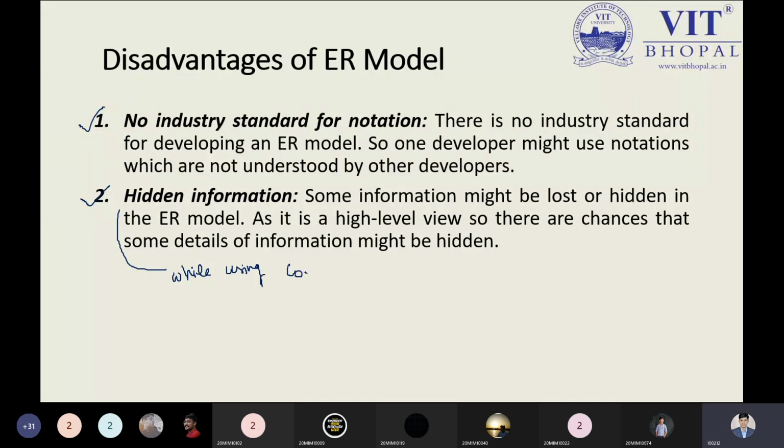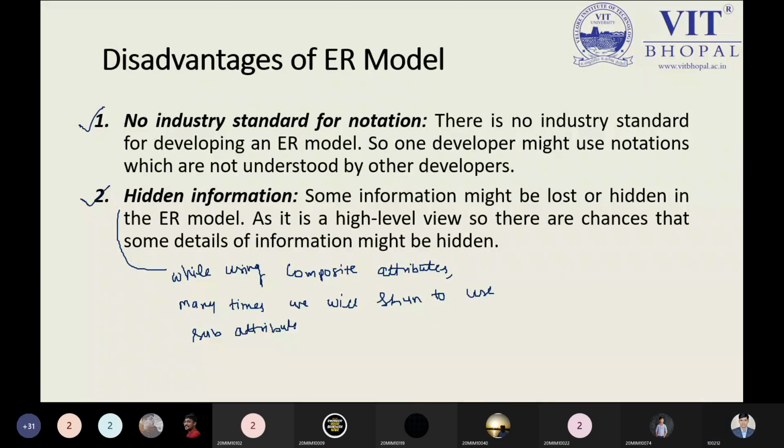Many times we tend to use sub-attributes of the composite attribute.